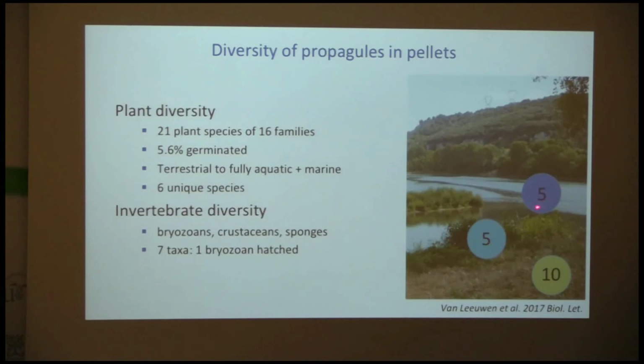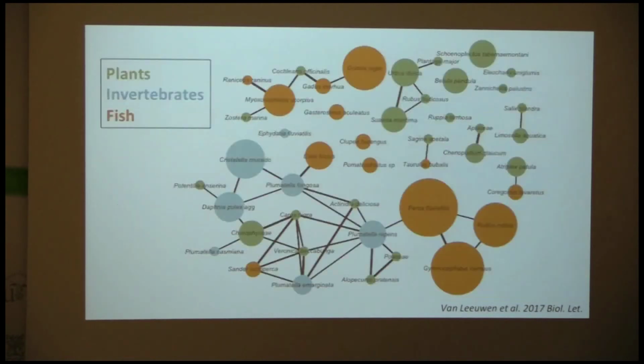But also some riparian species and 5 fully aquatic species, including 6 species of plants that were not found before to be transported by dabbling ducks or diving ducks. So this suggests that dispersal by piscivorous birds may be an additional way for some plants to be transported that are not transported by other waterbirds. In terms of invertebrates, we found about 7 different taxa.